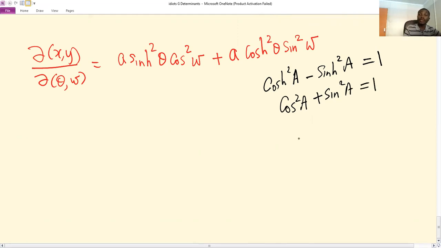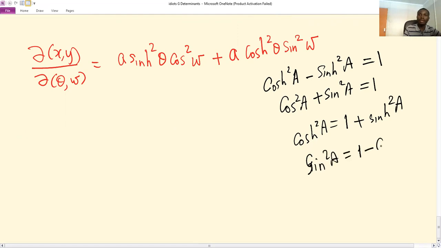So from this, you know that hyperbolic cosine squared A can be written as 1 plus hyperbolic sine squared A, and normal cosine squared A can be written as 1 minus sine squared A.